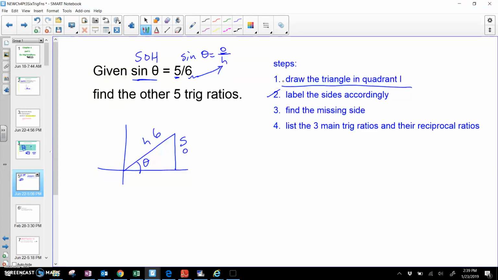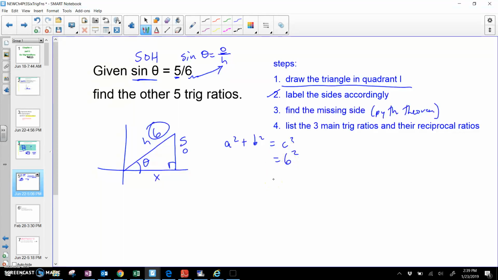Now, finding the missing side length. If we're talking about right triangles, and if I know 2 sides of a right triangle, hopefully you remember the Pythagorean theorem to solve for the third. So I'm going to do a squared plus b squared equals c squared. I need to find side x. Now remember that it's the hypotenuse that has to be the thing by itself.